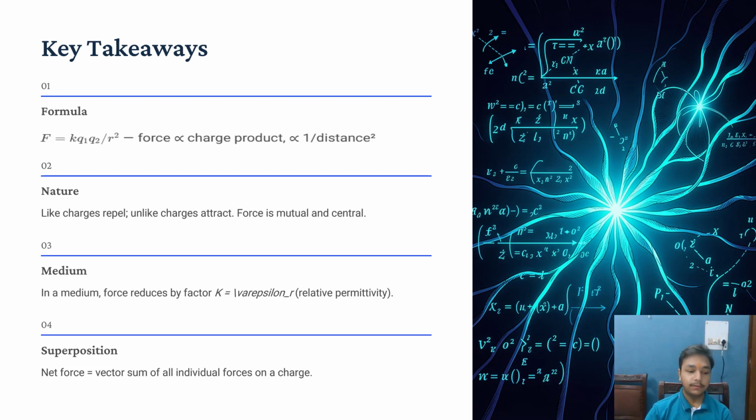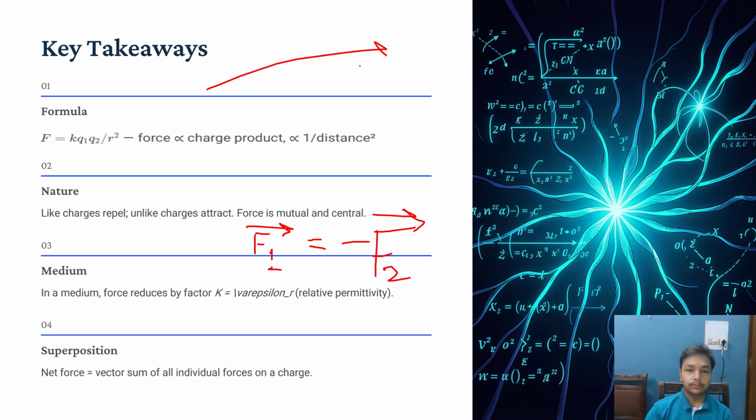That is, let me write it once again. So F1 vector would be equal to minus F2 vector. Okay.